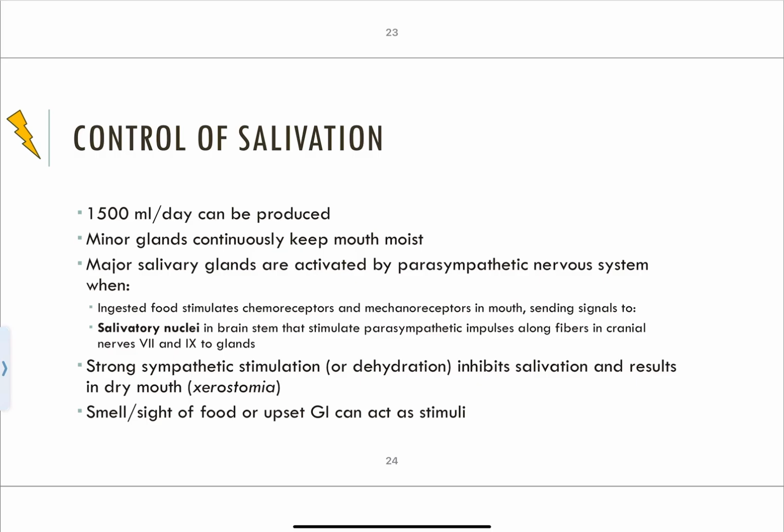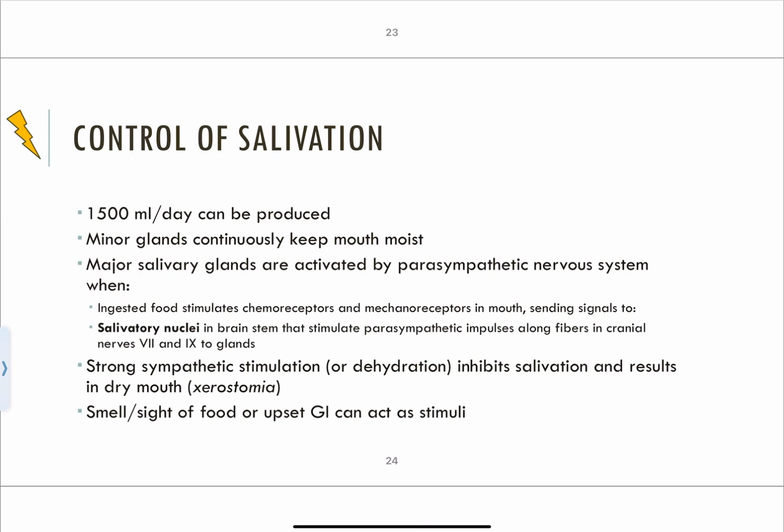Salivation is primarily controlled by our parasympathetic nervous system, again our rest and digest nervous system. When we ingest food, different receptors like chemoreceptors and mechanoreceptors send signals to salivatory nuclei in our brainstem, our pons and our medulla.